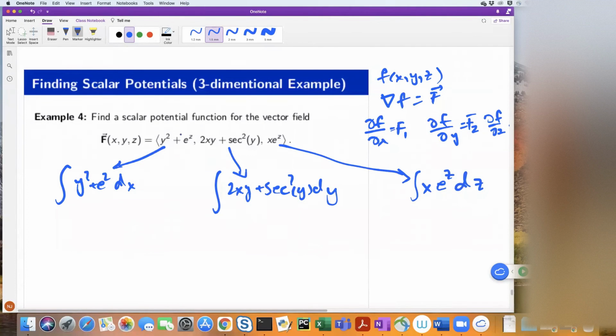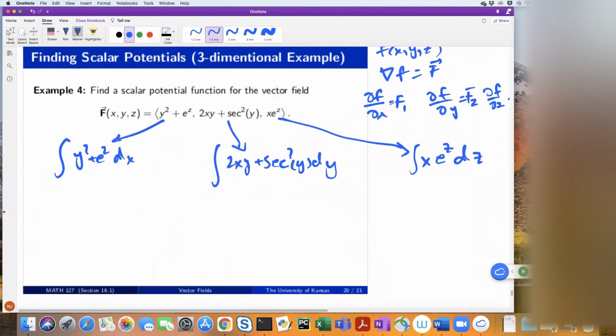Right? So what is going to happen? For the first one, I will get xy squared plus x times e to the z plus constant c1 of, what are the variables that are constant with respect to x? y and z. Then for that one, I get xy squared plus, what's the antiderivative of secant squared of y?